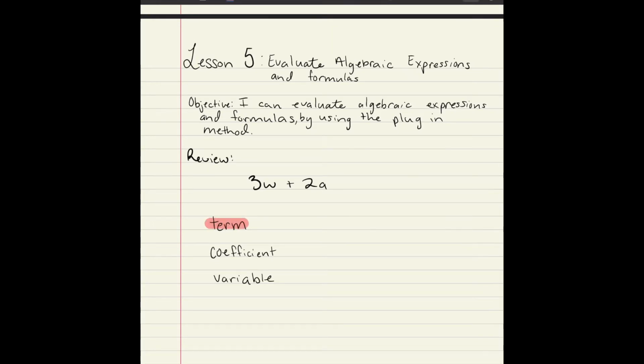So a term is an expression where the parts are separated by addition or subtraction signs. So here we have two terms. We have 3w is a term and 2a is a term because they are separated by the addition sign right there.